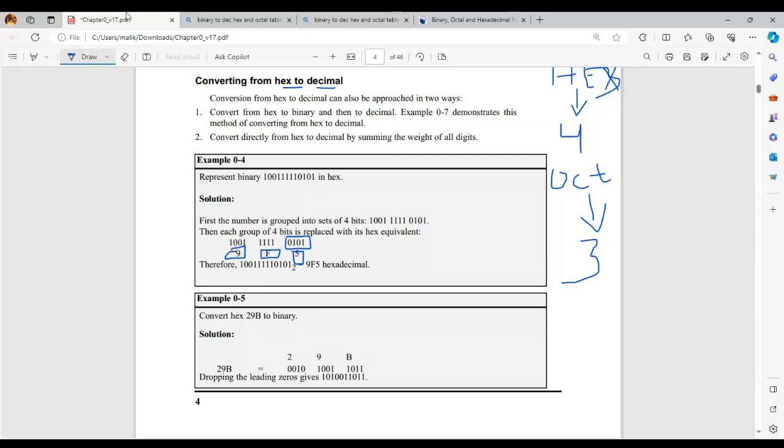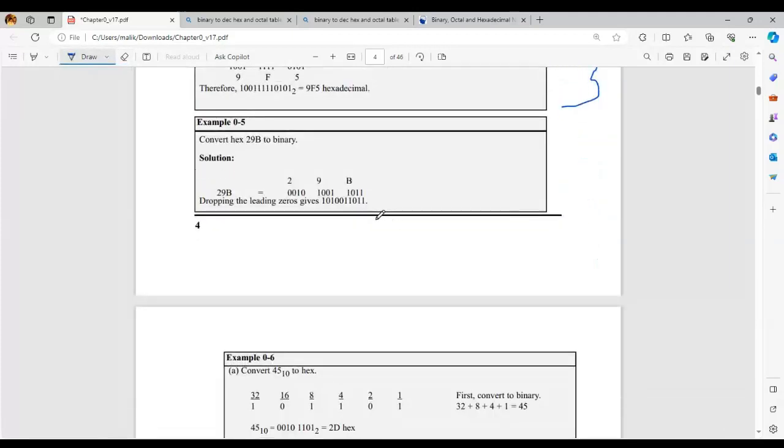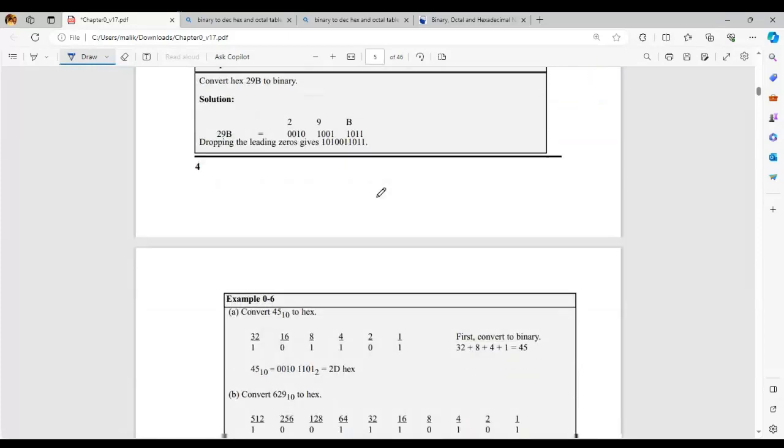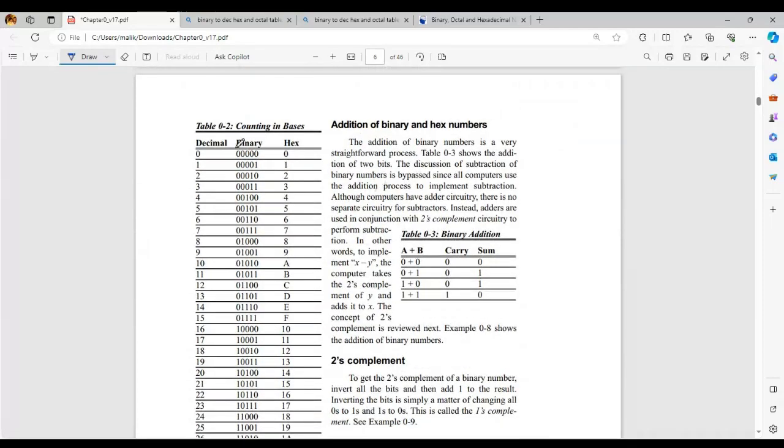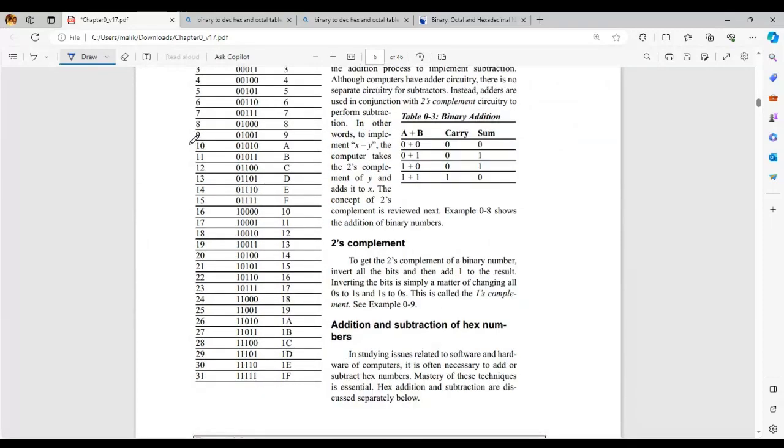In this way, when these are written in combined form, 9F5 with base 16 is equivalent to this binary number. We can also convert any hexadecimal number to binary in the same manner. This is the table given here.